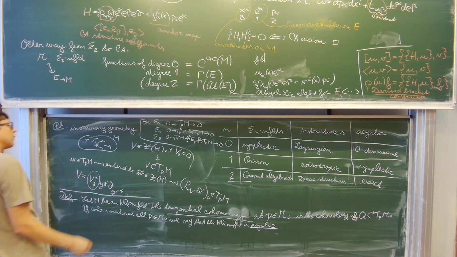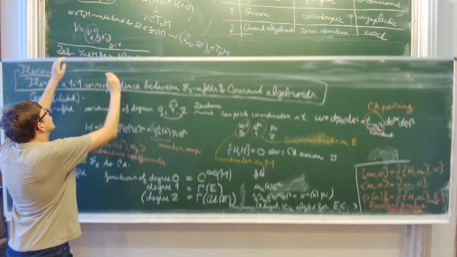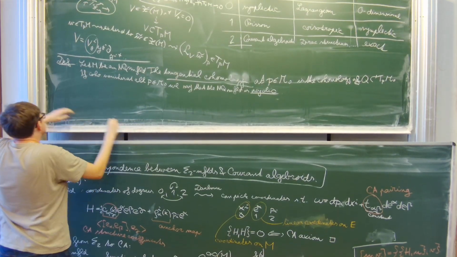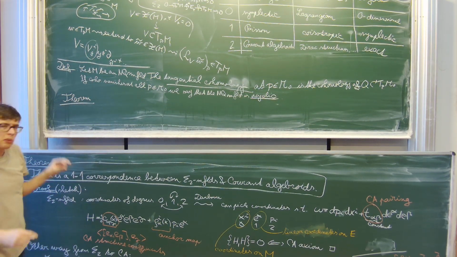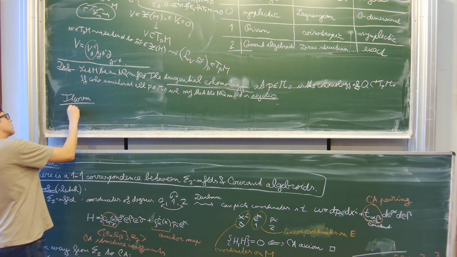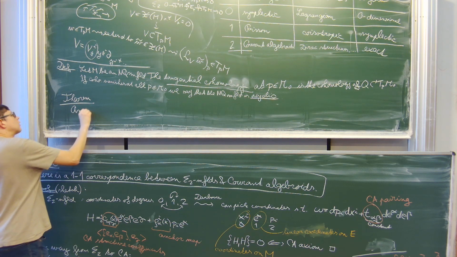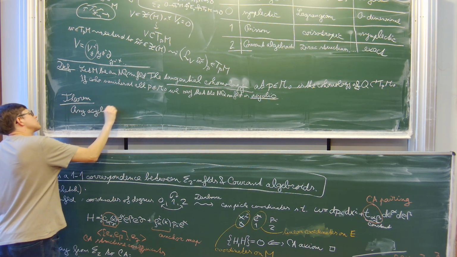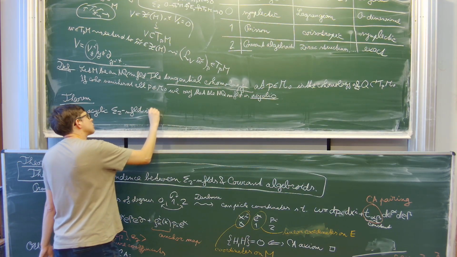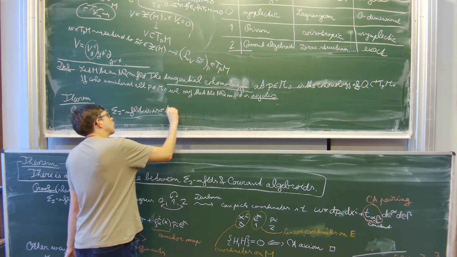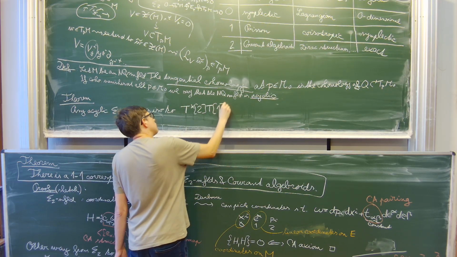Maybe the last line, just to tie this up with the definition. We phrase it here as a theorem. It's really the classification theorem, but recast in this language. So any acyclic sigma 2 manifold is isomorphic to the following thing: T star 2 T1M.